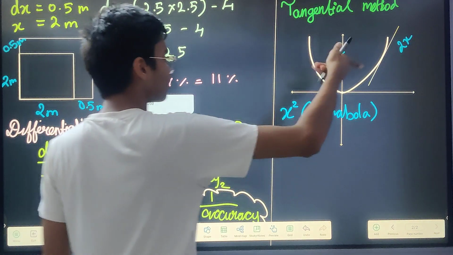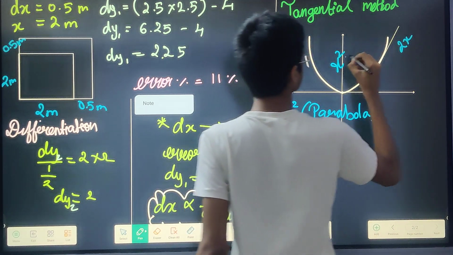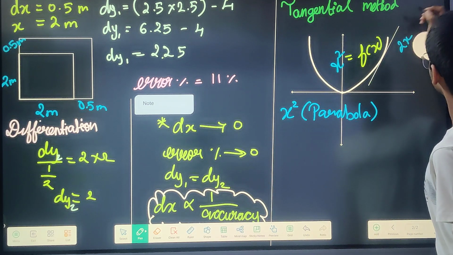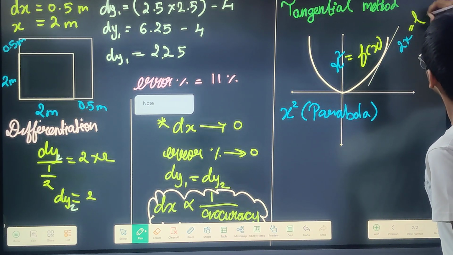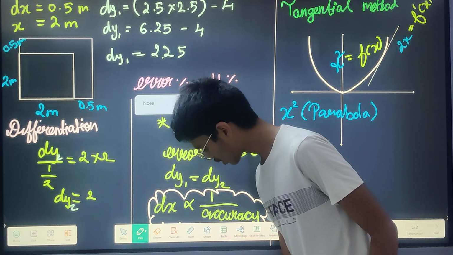If you are taking the curve as f of x, then this is going to be f dash x.